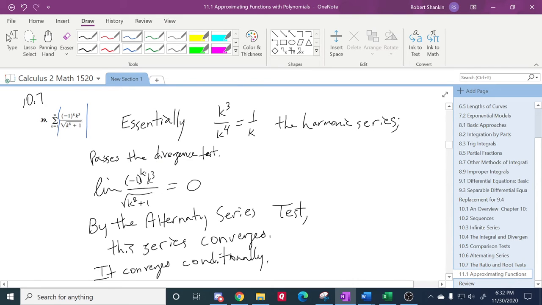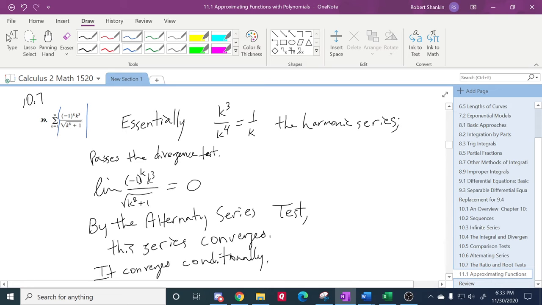Say that again, I didn't understand that. So do we also need to do the absolute value too? No, we don't need to. We just need to think about it. If it had this absolute value, it would not converge, because then it's the harmonic series, essentially. So it only converges based on the condition that it's alternating.